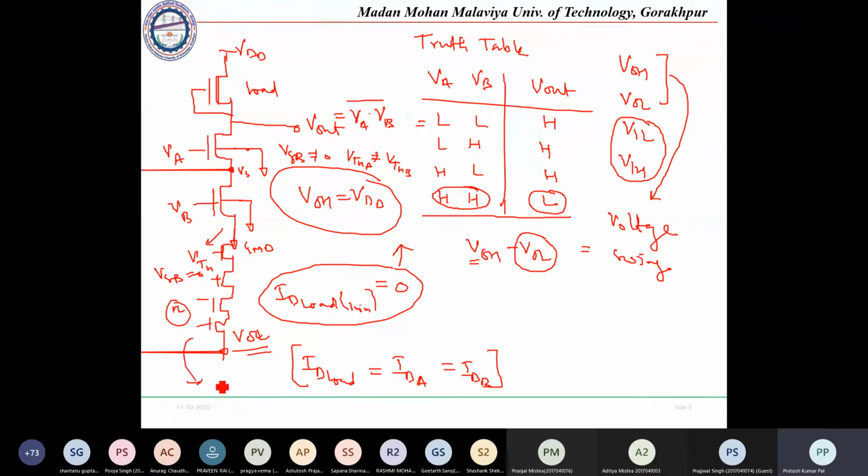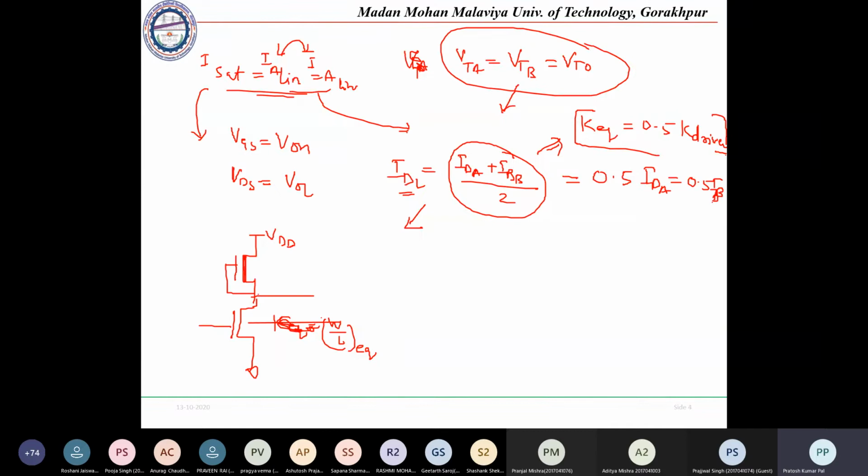Cascade connection means one connected with another one. Okay, so we will be seeing cascade later. This connection will be expressed in the form of the W/L ratio.